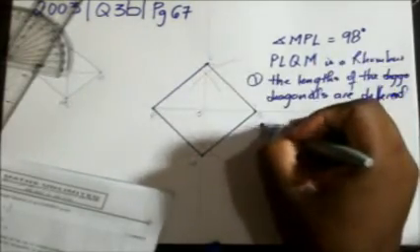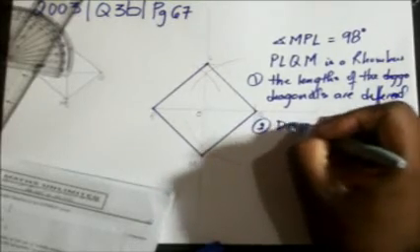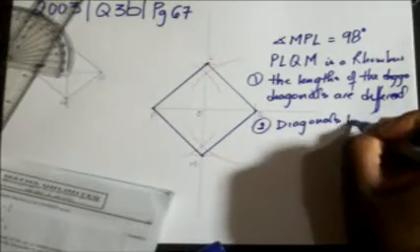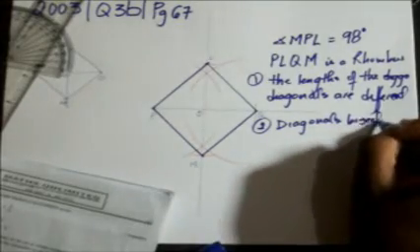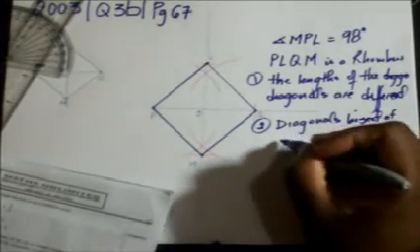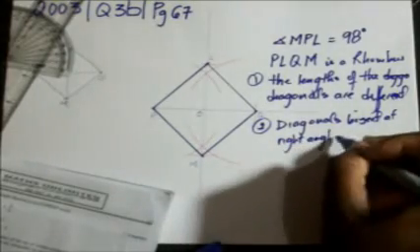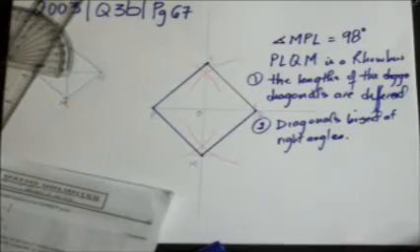Two, the diagonals bisect at right angles. Right? That's it.